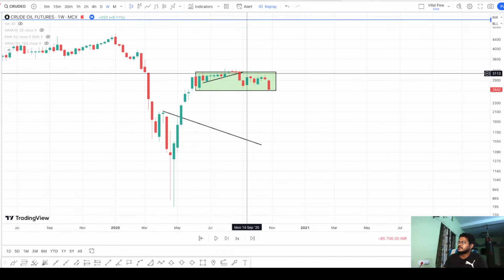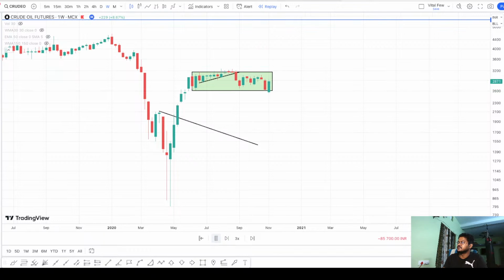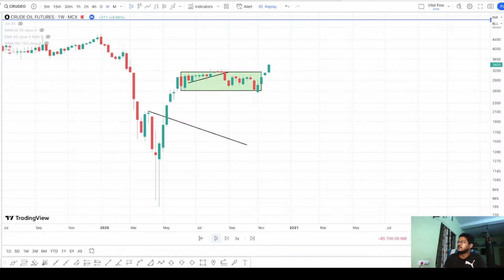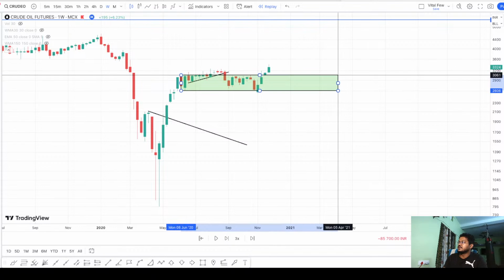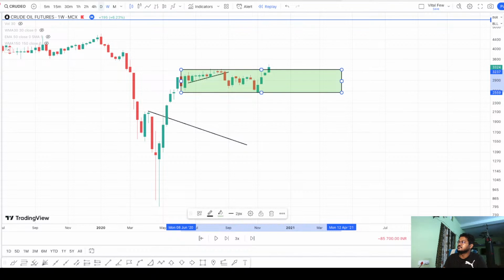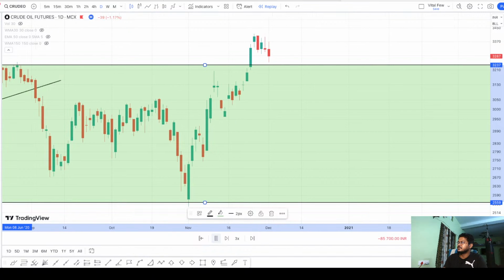If the price breaks below this level here again with a big red candle, we can initiate a short trade on the lower side as well. Let's see where it goes. I will pull this one like this. It is giving a break, but let's go to daily time frame and get the confirmation.